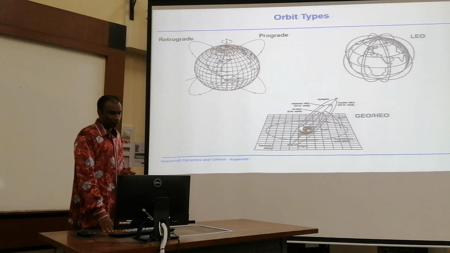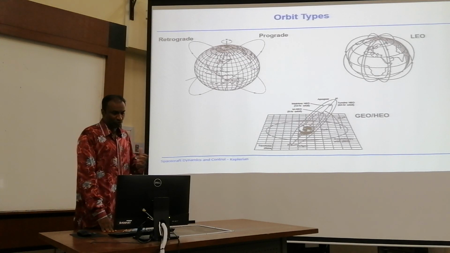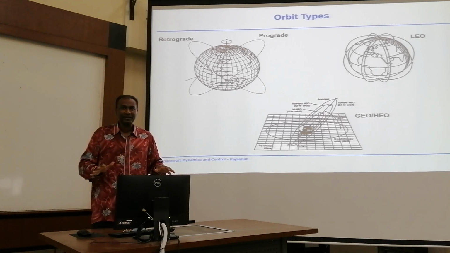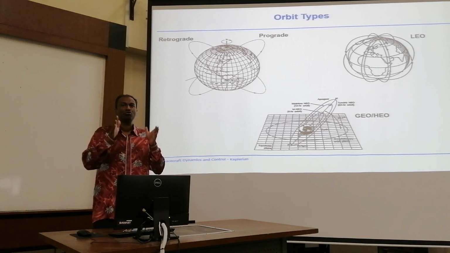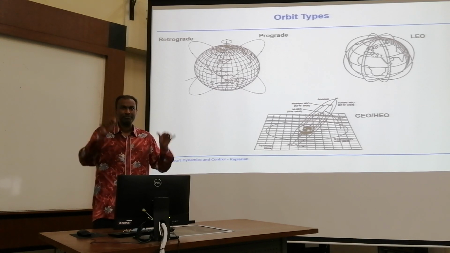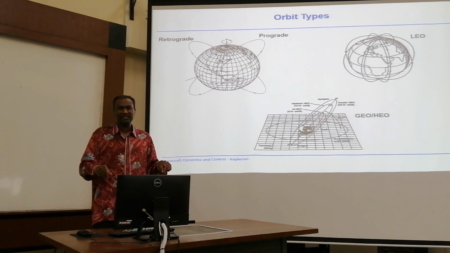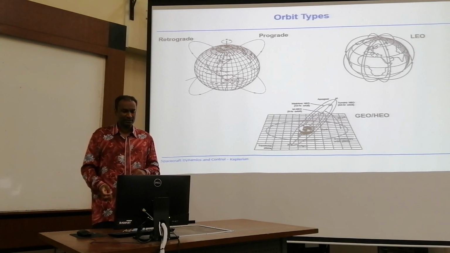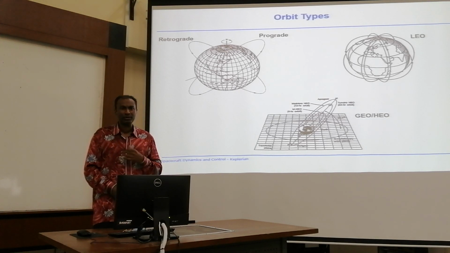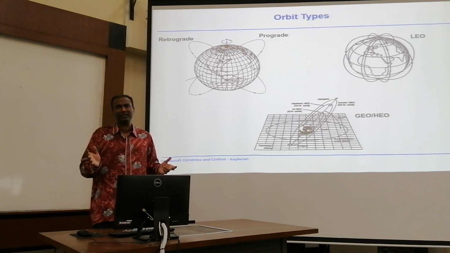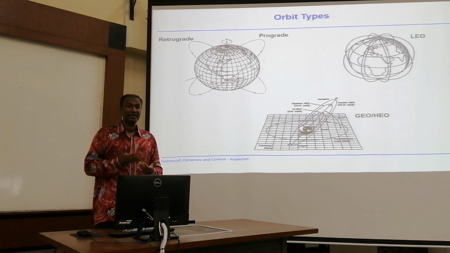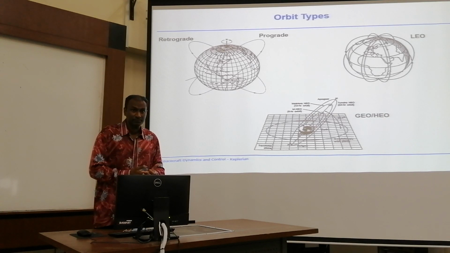Orbit types, retrograde, LEO, GEO, all these you have been exposed to. In any orbit you fly, attitude control is a must, period. Regardless whether it's retrograde, prograde, LEO, GEO, HELIO, whatever, attitude control is mandatory. You have done maybe interplanetary missions.